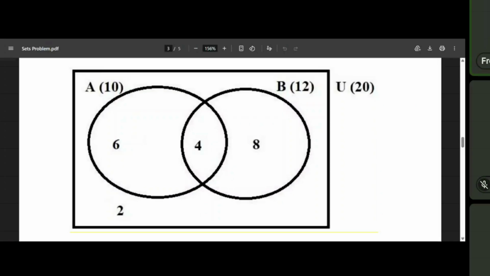Now, all these things have special names. The 4 we are seeing tells you that there are 4 elements in A that also belong to what?